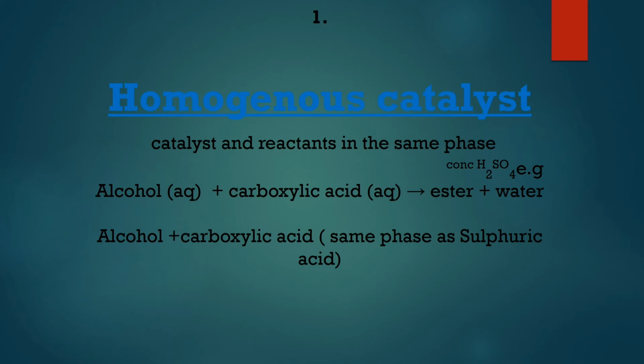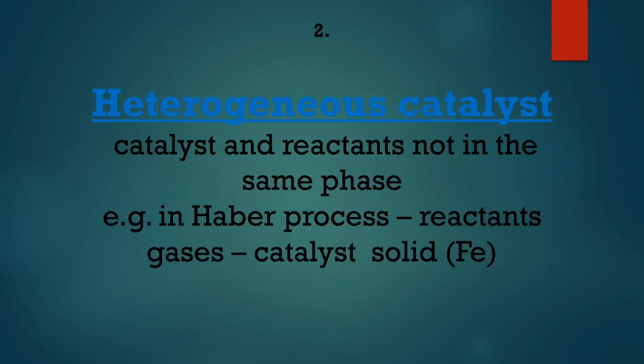For example, in the first term, the reaction forming an ester, alcohol reacting with carboxylic acid in the presence of a catalyst, concentrated sulfuric acid, so they are in the same phase. So that's when you talk of a homogeneous catalyst.